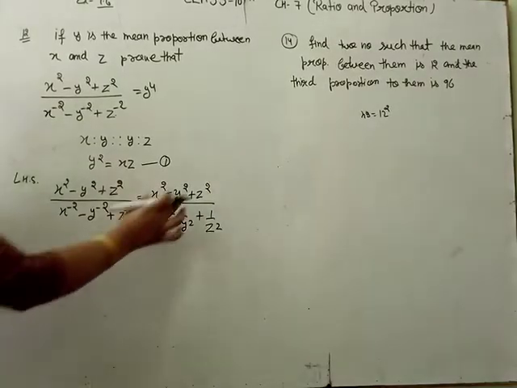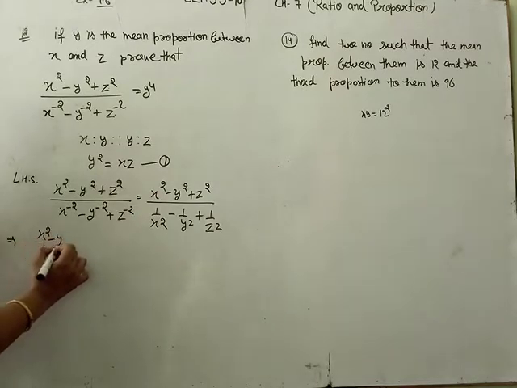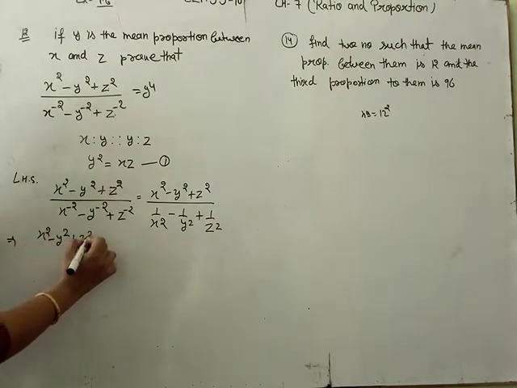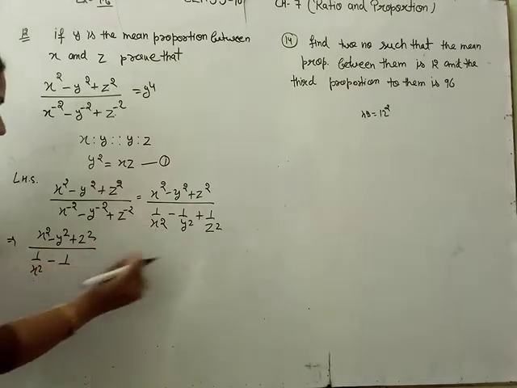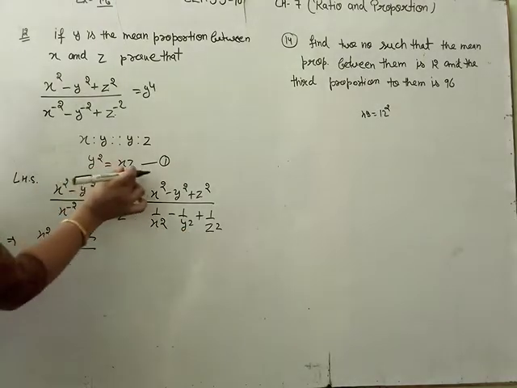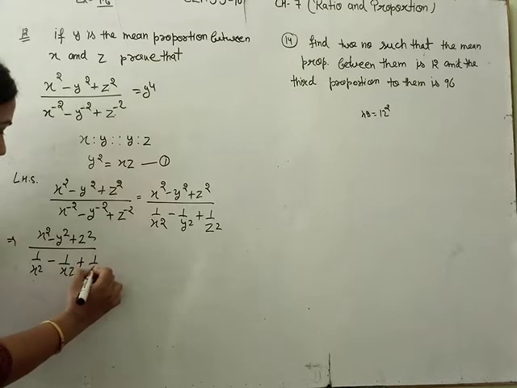Okay, again this as it is x² minus y² plus z² divided by 1 by x² minus 1 by, student, y² equal to xz, then xz plus 1 by z².